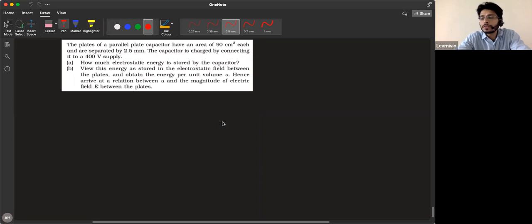Half CV square is the full energy, okay? And half epsilon naught E square is energy per unit volume. Second step is wrong. So if you are calculating using half epsilon naught E square, Anshika, then you have to multiply it with volume also. You're going in the wrong direction. Is it clear, Anshika?